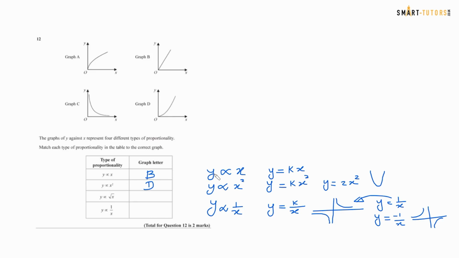There are other types of graph, but I'm not going to give a lesson on that one, trying to figure out what the question is now. The last part looks like C, and the remaining is A. So that is the y squared equals x graph. So that is our final answer.